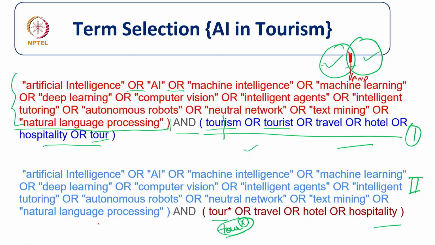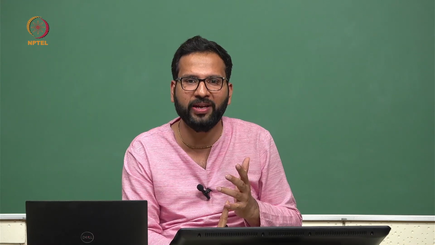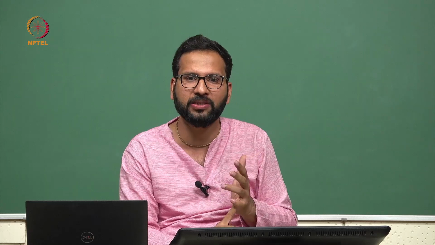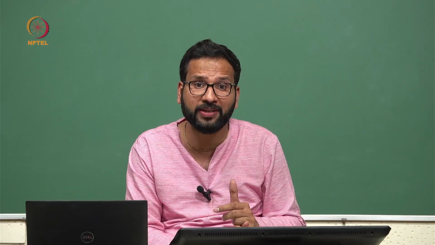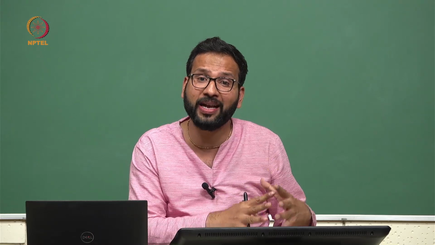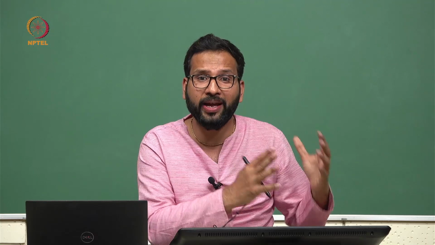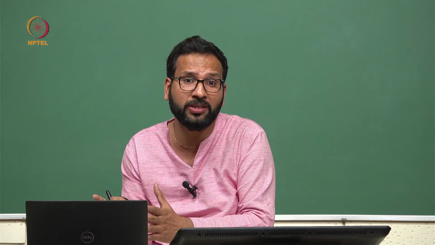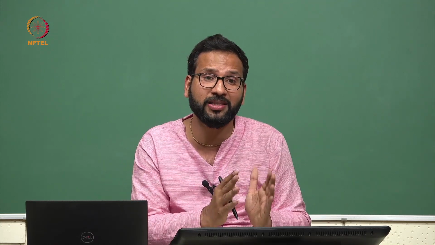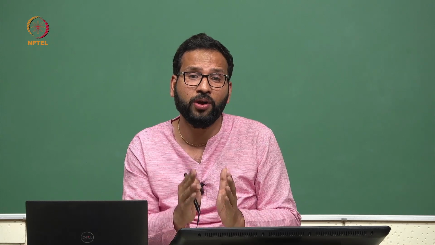So our step 2 is done. The very first step we have done is the selection of database, so we have selected Scopus, and at the second step we have selected the terms. How did we select the terms? We reviewed the already published research on AI and on tourism, and found that these words we can use for doing our assessments.